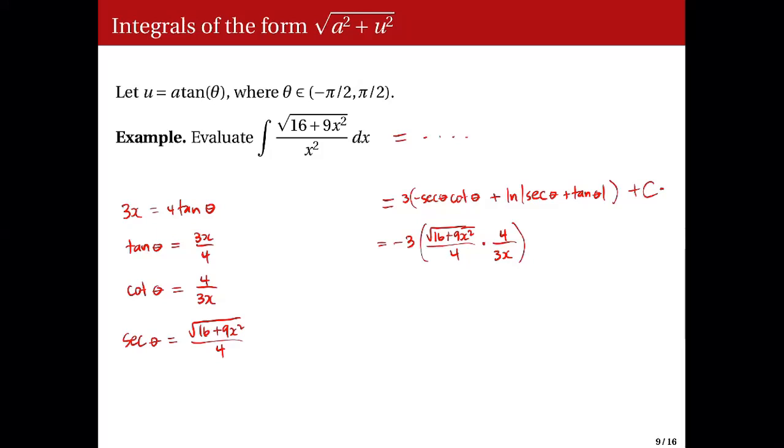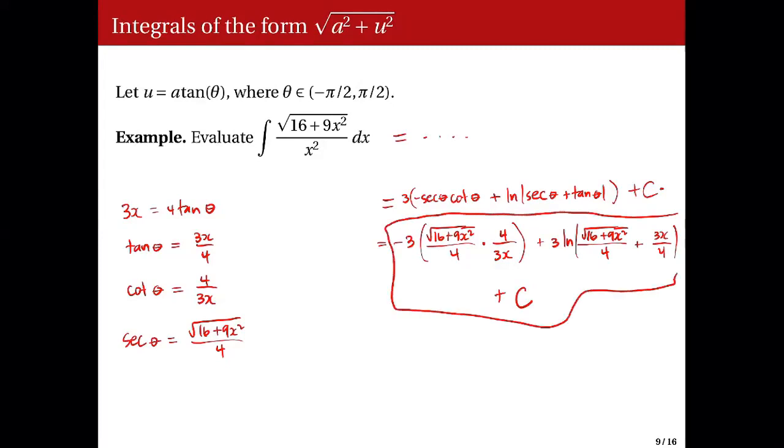And then plus 3 ln absolute value of the square root of 16 plus 9x squared over 4, plus 3x over 4, and then plus the arbitrary constant c. So this is the final answer. Questions?